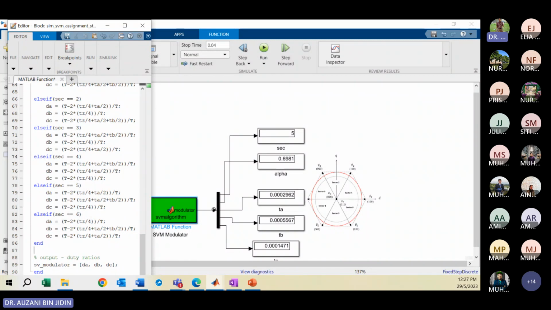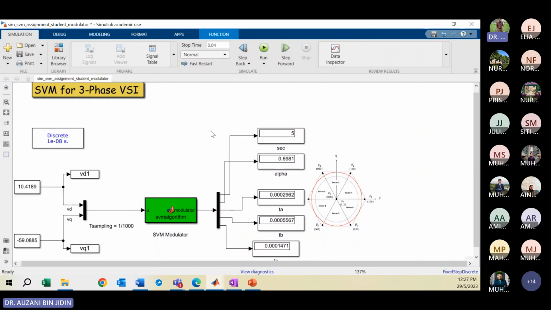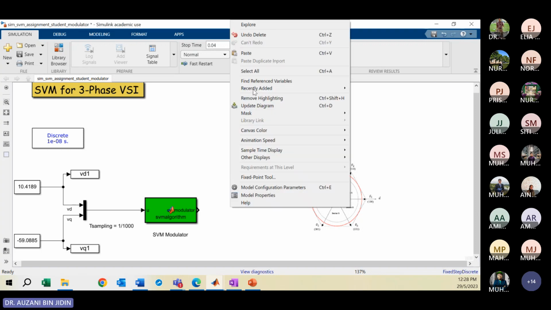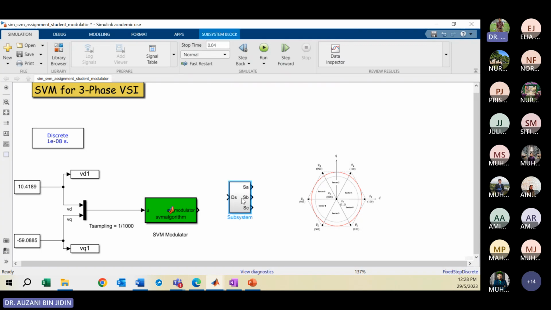Then I think you can now remove all these components. Then you can copy from the file that I have given to you, which is this block. You can obtain this block from the file that you downloaded from MTIM.